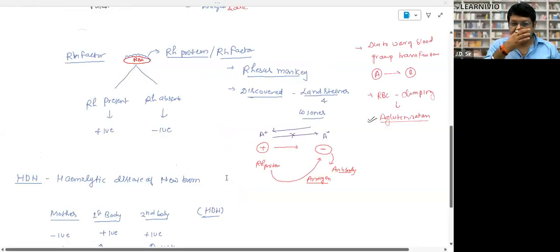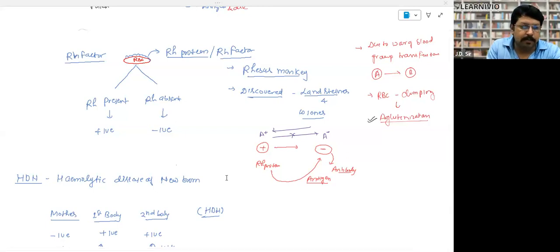Now come to the Rh factor. We know what the A blood group, B blood group, AB blood group and all that are. You must have studied this in your regular 12th class, in the genetics part, in detail.